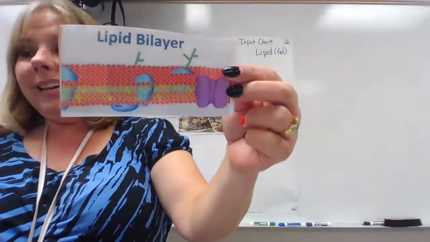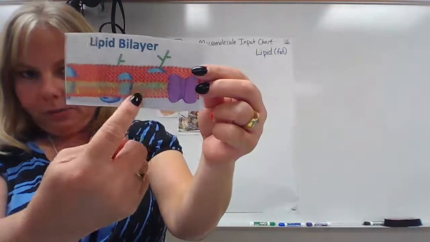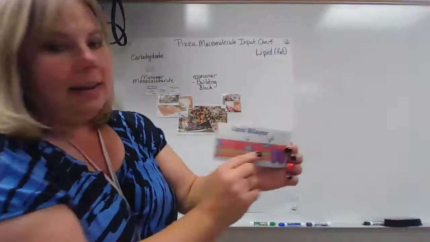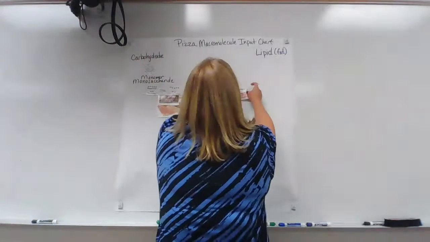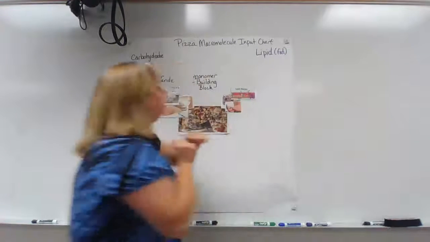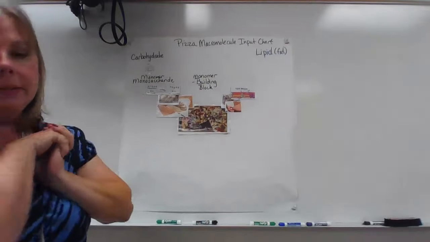Okay. So this is fat. Those molecules, these orange and yellow ones, those are fat molecules. And they make up every cell membrane, not every cell, most cell membranes in our body. Okay. And so here we have a lipid bilayer.